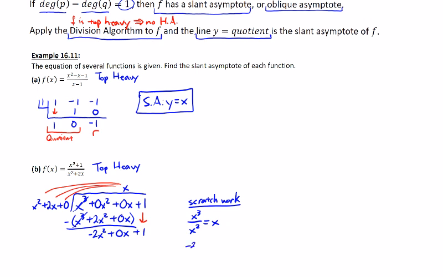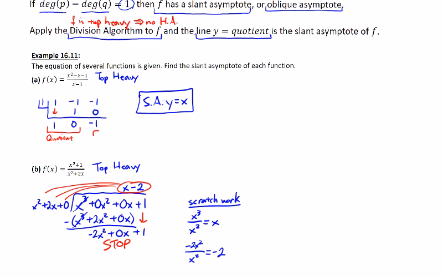Let's do it one more time. This time let's take negative 2x squared and divide it by x squared to get negative 2. So x minus 2 ends up being the quotient. And then I'm going to write here stop. Because you have to be aware of what you're using the different tools for. We have used division for a number of things. Well, for starters, to do division. Secondly, we've been using it for the remainder theorem.